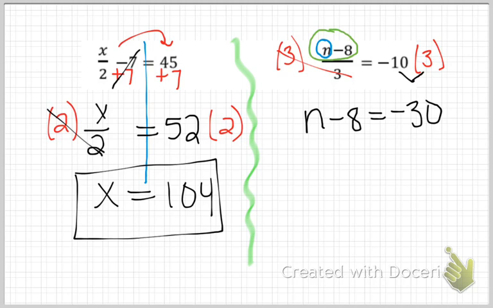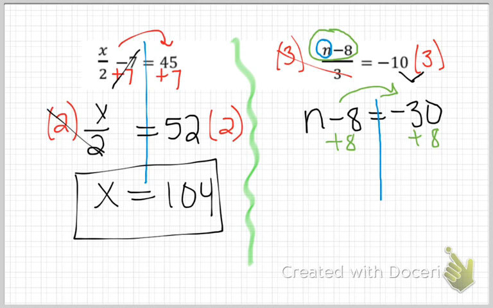Next thing to do is, here's my variable. I've got to move this guy over. How do I move it over? Doing the inverse. Pay attention to the sign. It's subtracting 8. We're going to move 8 over to join this constant buddy over here. So don't get lost with your equal sign.